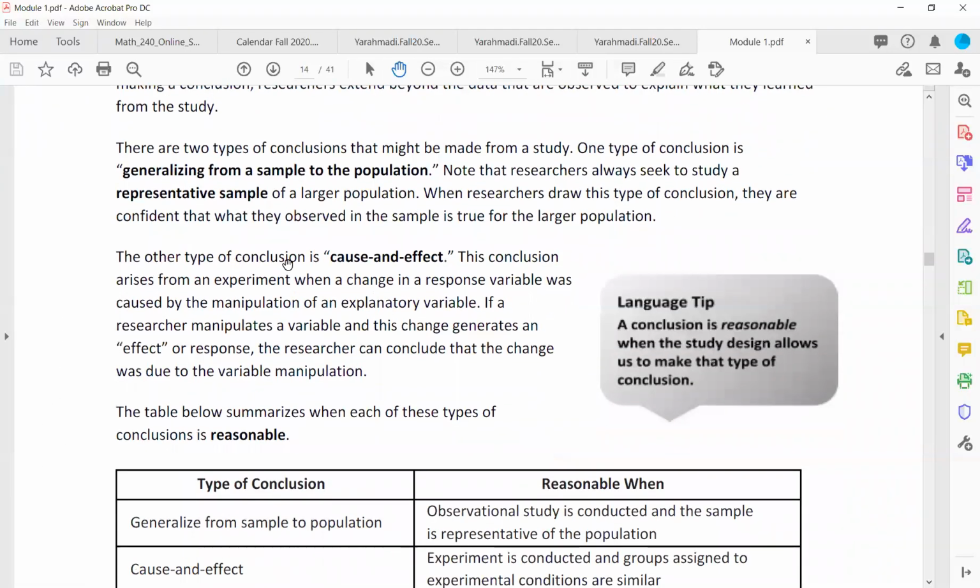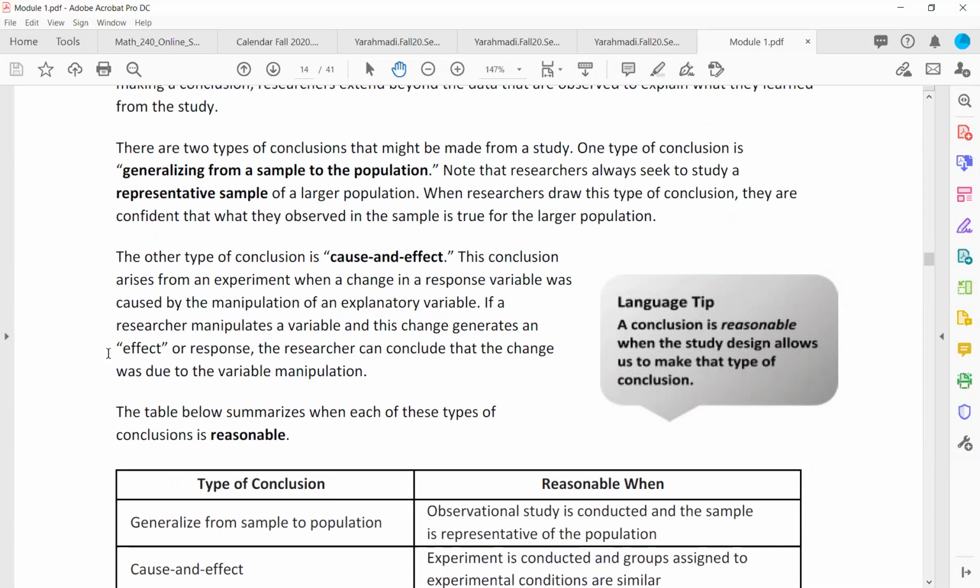The other type of conclusion is cause and effect. This conclusion arises from an experiment when a change in a response, or dependent variable, was caused by the manipulation of an explanatory variable or independent variable.